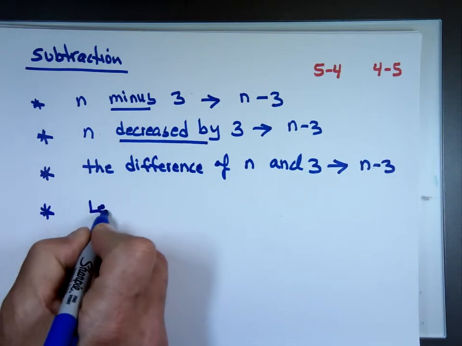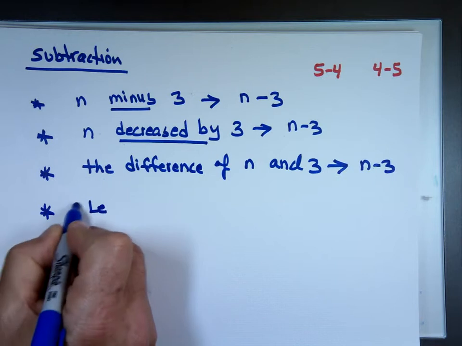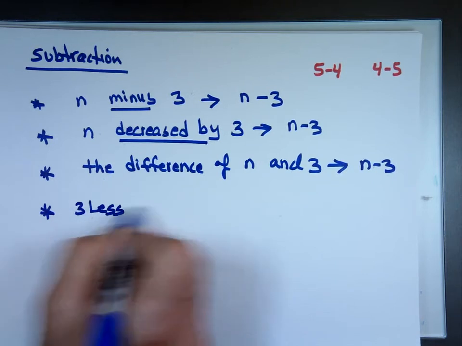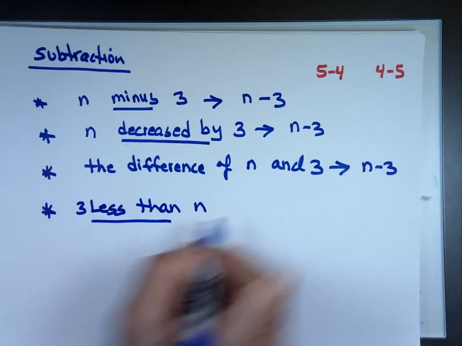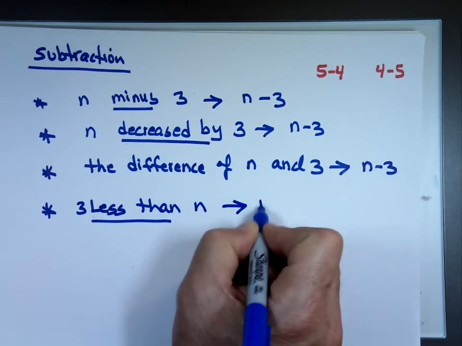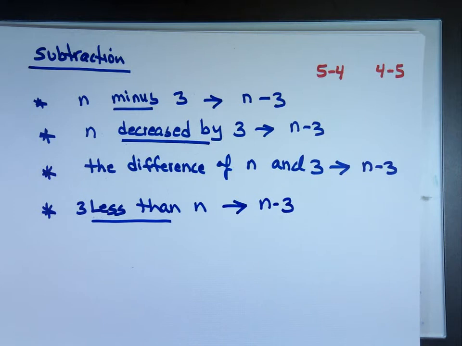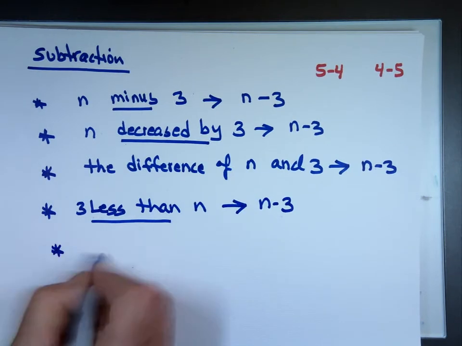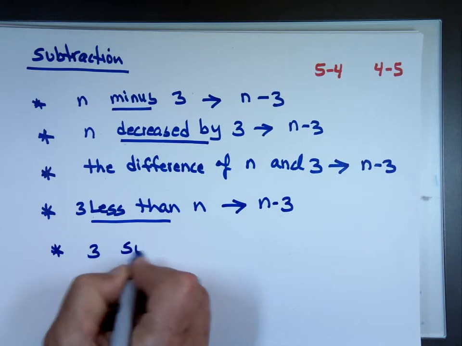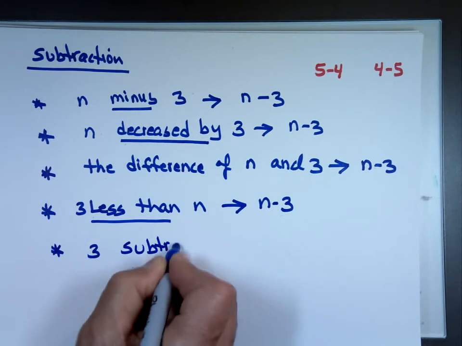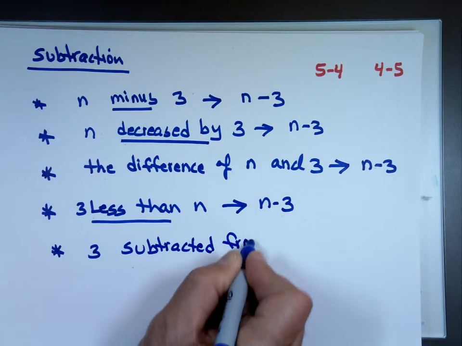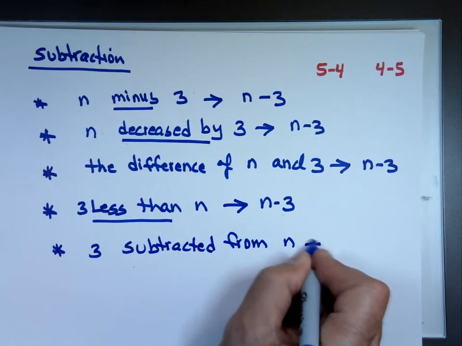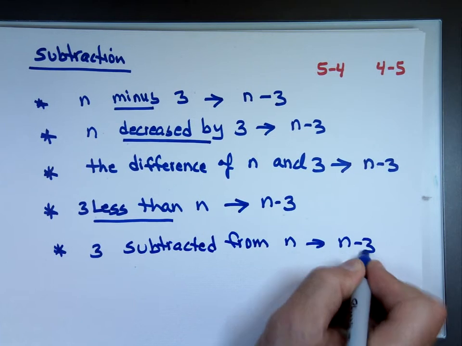Less than. If I said 3 less than N. Less than means what? Again, subtractions. N minus 3. And the last one, 3 subtracted instead of added, from N, N minus 3.